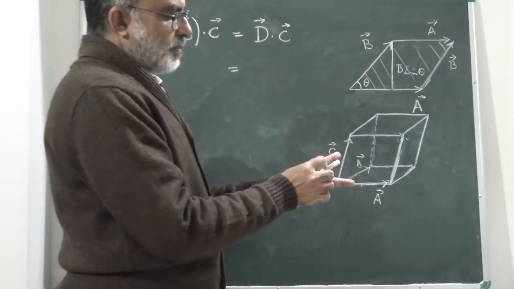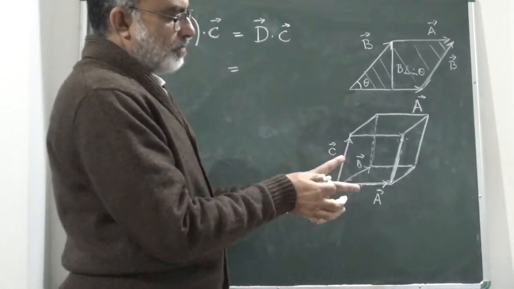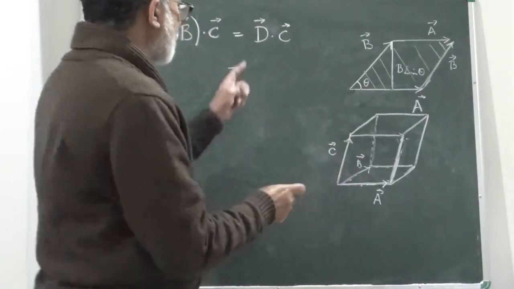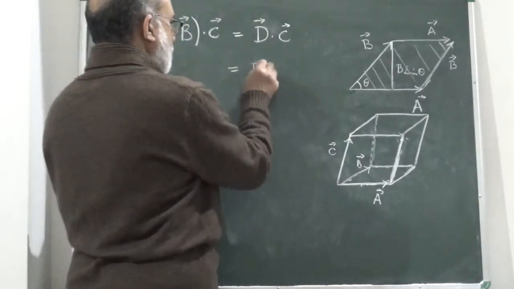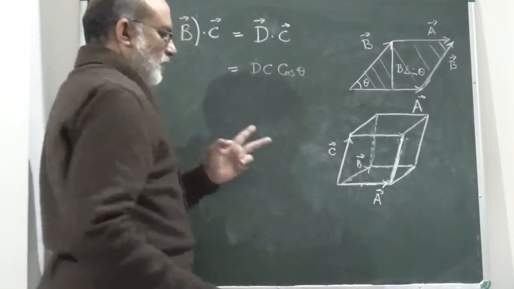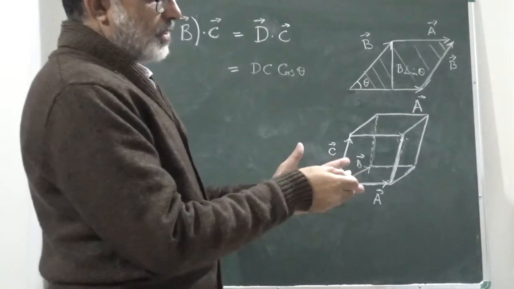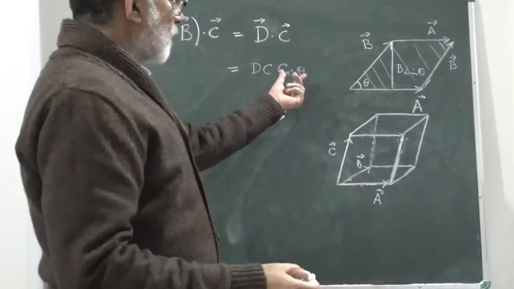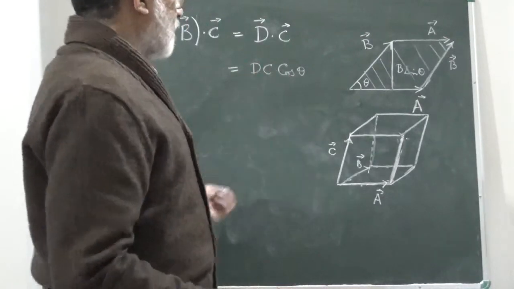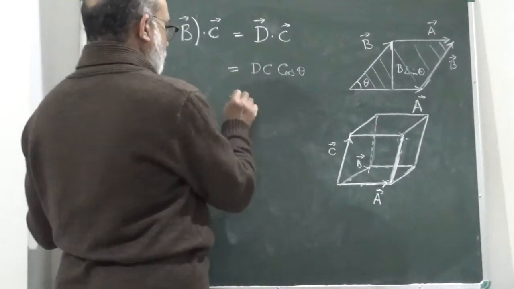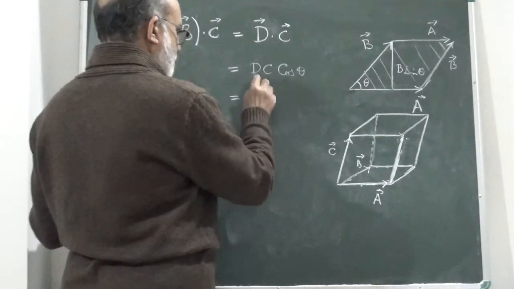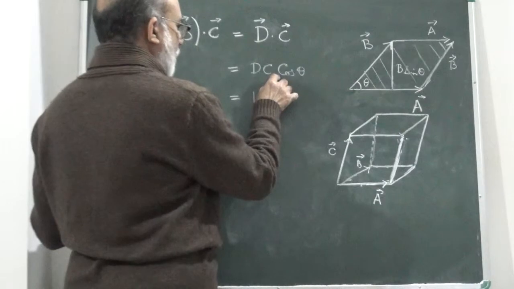Now A cross B will be perpendicular to the plane formed by A and B, so D will be perpendicular to that plane. D dot C means D C cos of the angle between the two vectors, which means the angle between D and C. That is the component of C along D. So this is the area times height.